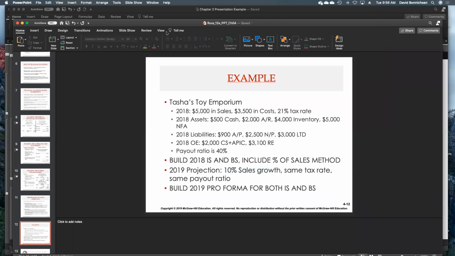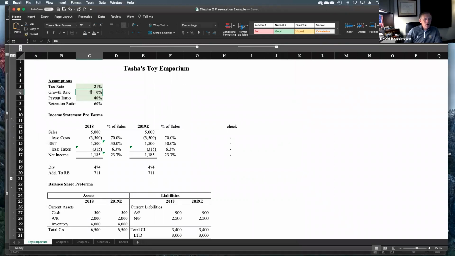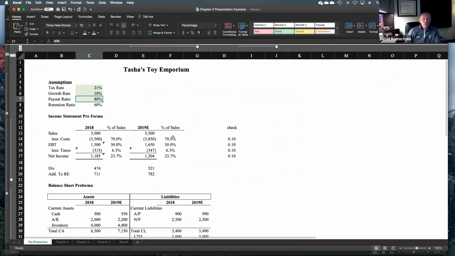So when we go to Excel, I can plug in a 10% growth rate and it changes my sales forecast. With my growth rate, I did 5,000 in 2018, and I'm projecting that I'm going to do 10% more than I did last year.